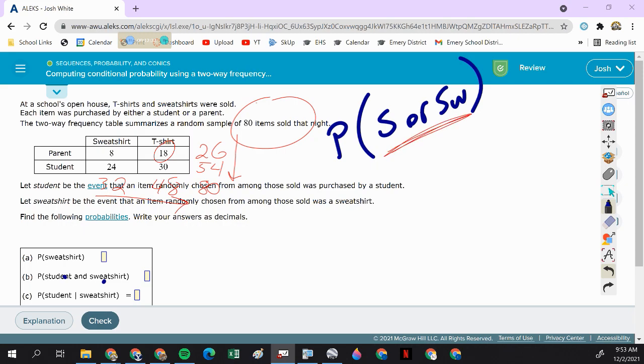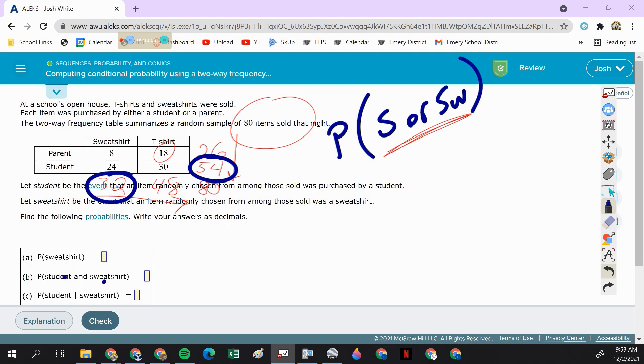It's everybody in the sweatshirt column and everybody in the student row. So should I just add 32 and 54 together? No, why not? Because we would count the 24 twice. So if you add 32 and 54 together, like Bonnie said, then you would need to subtract 24. That would work. So you could do 32 plus 54 and then subtract 24, and I get 62.